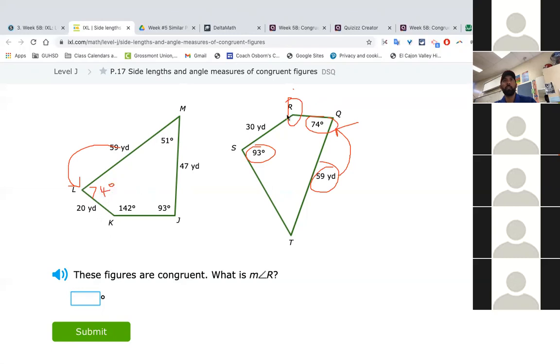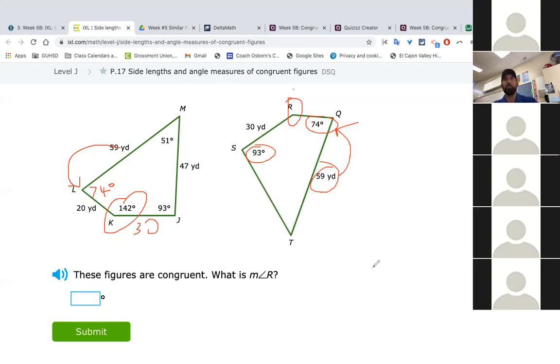So this side is 20, this side must be 30, and you can see that R corresponds with K. So you have to do a little investigating. You can see the 90s here; you just have to make sure you're oriented the same way. You could even rotate the picture if you wanted to, but you have to do it in your head, obviously.